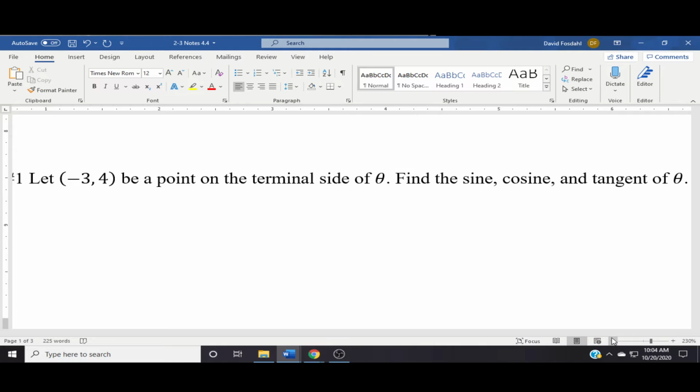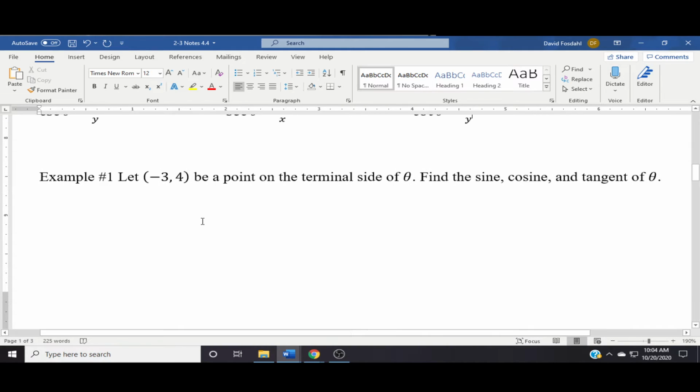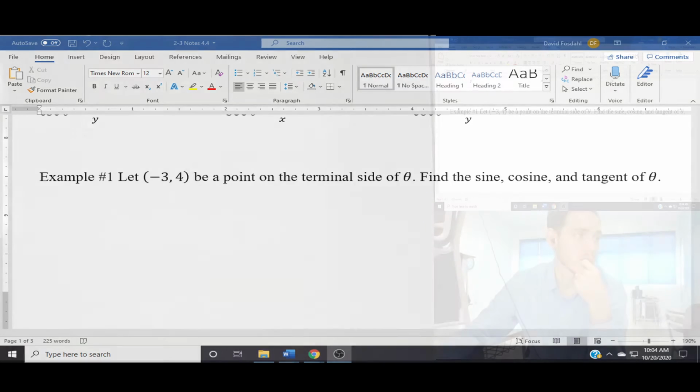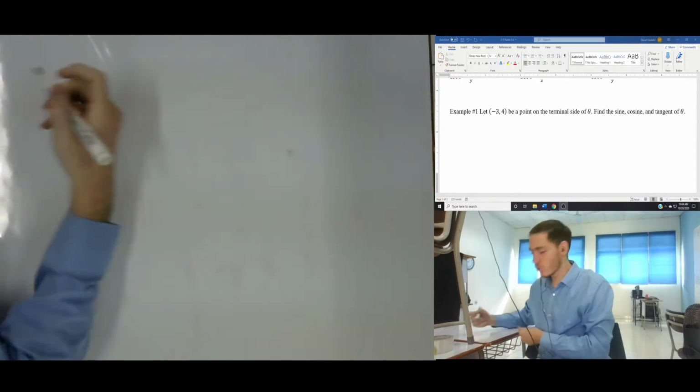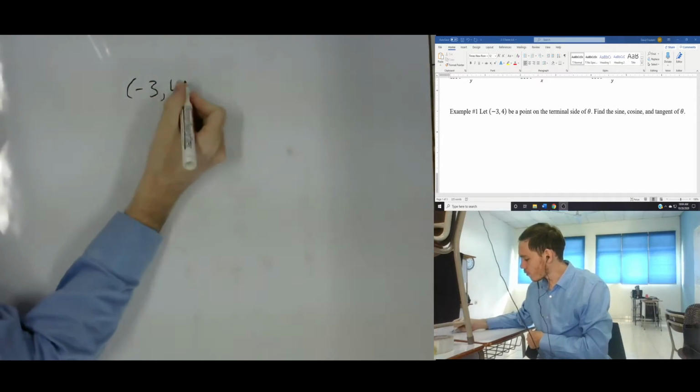Okay, let's do the first problem. The first example: let -3, 4 be a point on the terminal side of the angle. Find sine, cosine, and tangent for the angle. First things first, we have the point -3, 4.